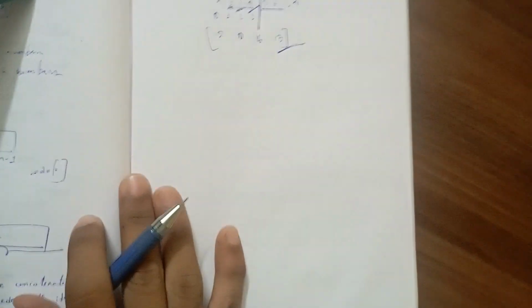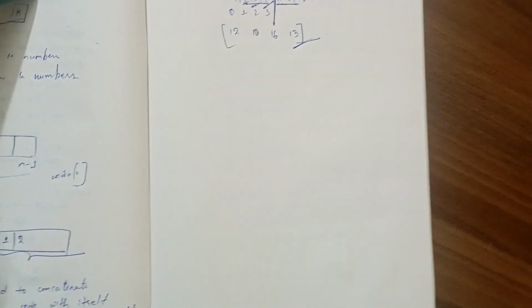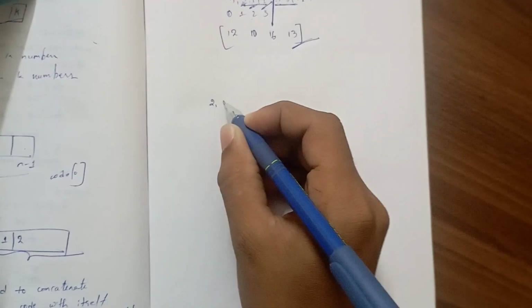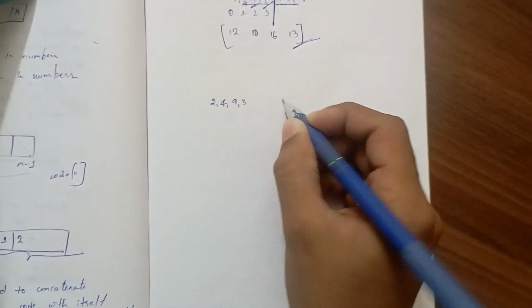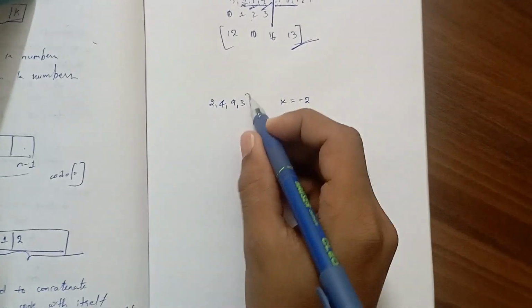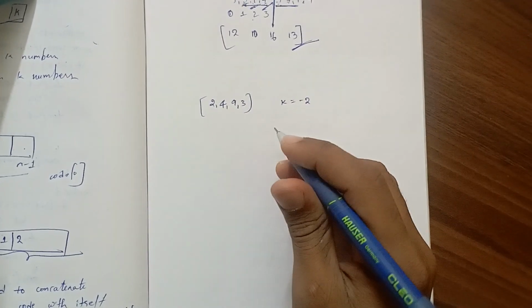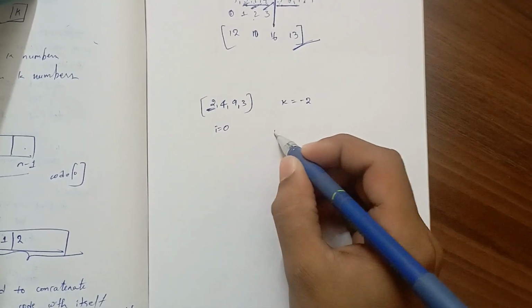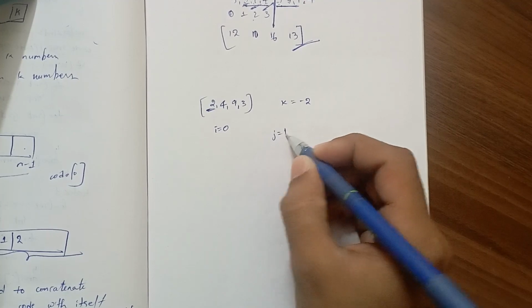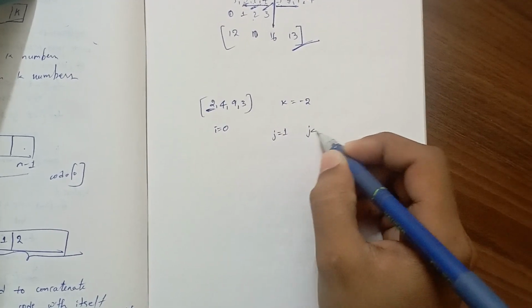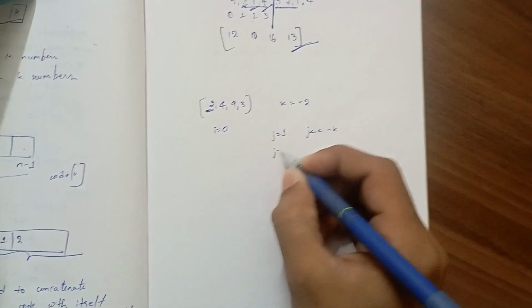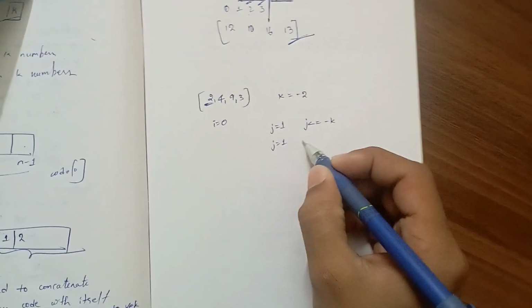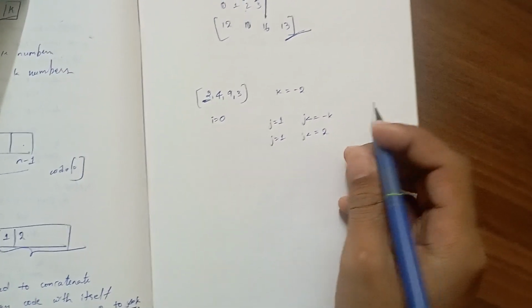But what if k is less than 0? We are given another example, 2 4 9 3, and k is equal to minus 2. So at i is equal to 0, we will be running a loop from j is equal to 1 and j less than or equal to minus k, that means j less than or equal to 2.